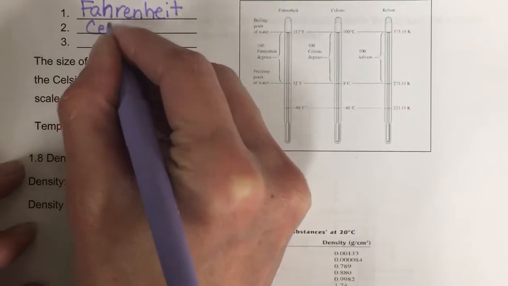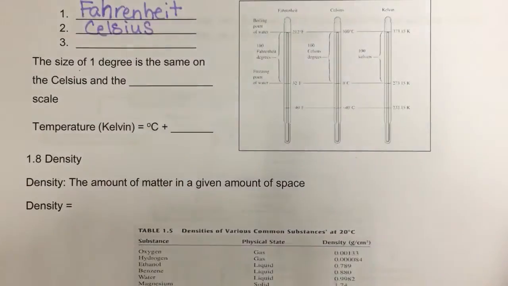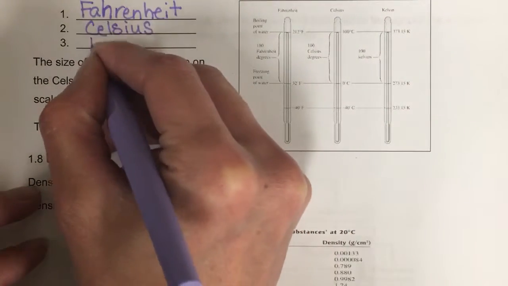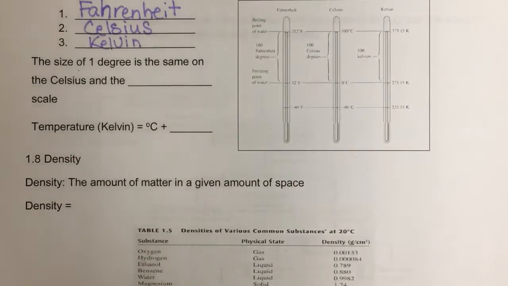The second is Celsius. This is what our thermometers will actually measure in and what we will usually use. The third is Kelvin, which is an absolute scale, which is really what we'll need for gas laws. And we'll talk about what it means when we talk about absolute later and when we get there, okay?